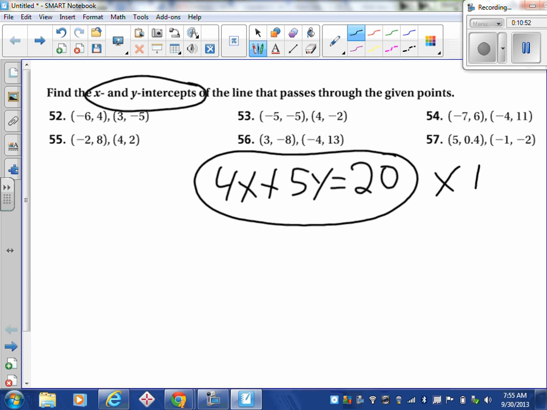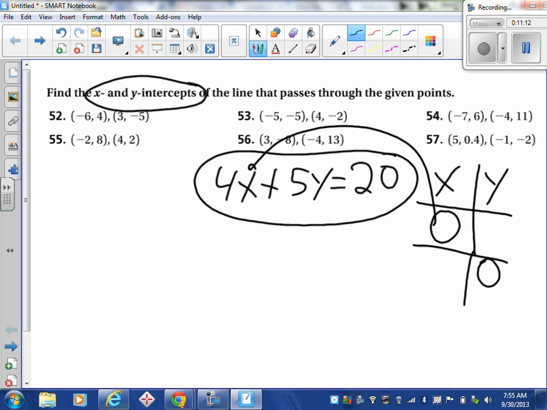I do my x-y chart. If you're given an equation and you're asked to find the x and y intercepts, make an x-y chart, and then substitute 0 in for the x. And I go back and write it.